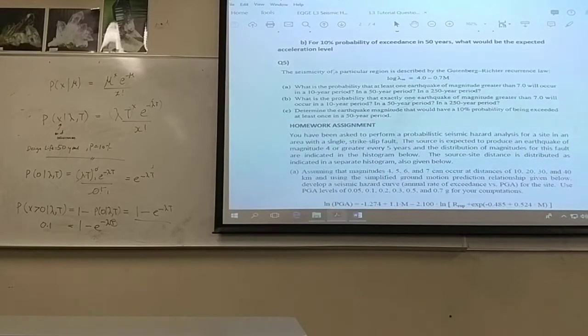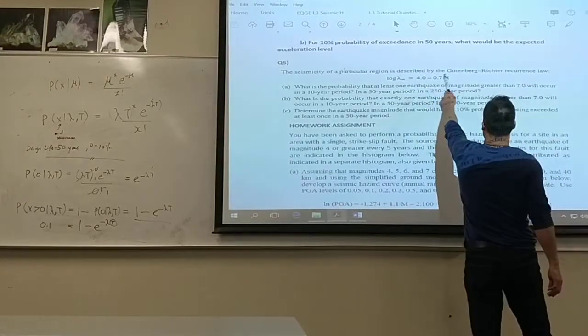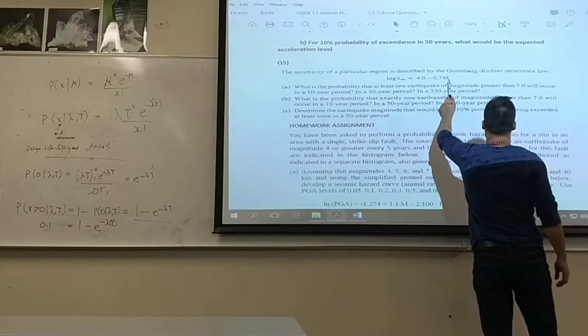Now, the seismicity, so here, this homework question. The seismicity of a particular region is described by the Gutenberg-Richter recurrence law as that.